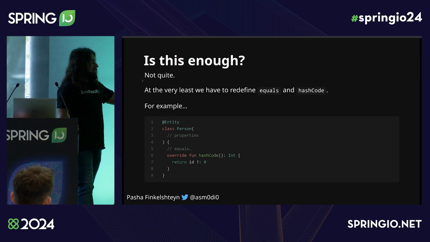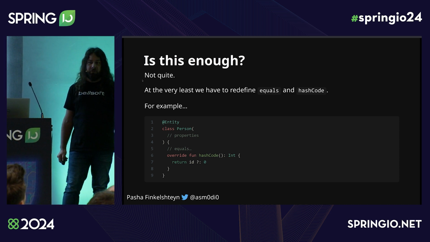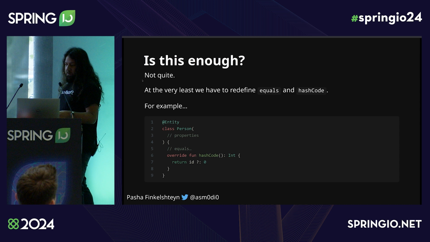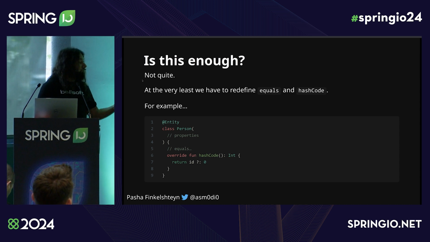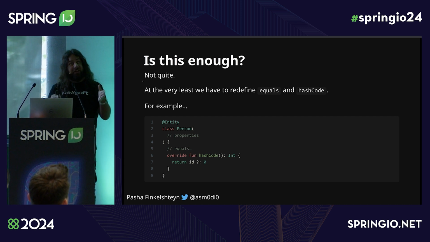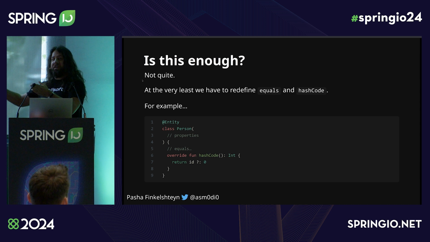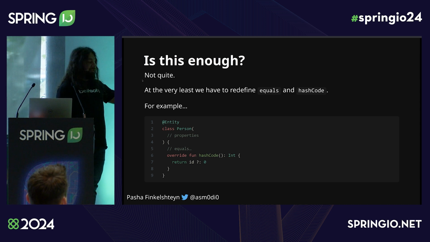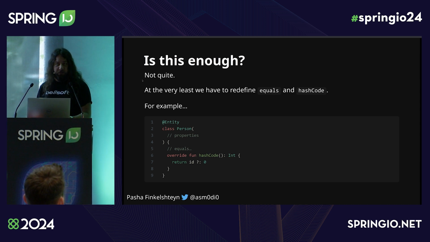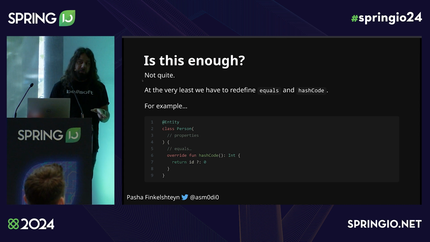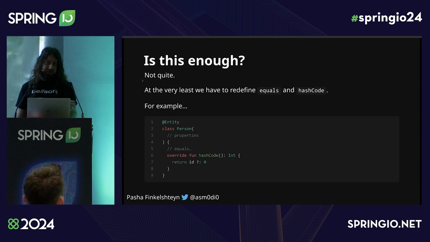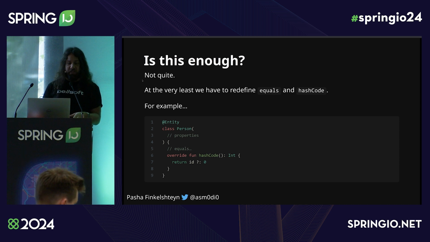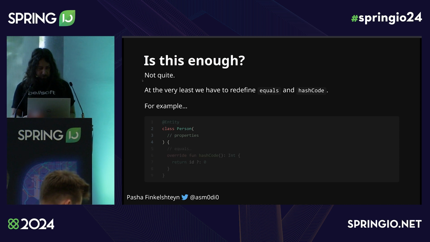So if this entity is not attached to the database, then JPA will think that they all are different because they don't have IDs. Otherwise, it will compare entities by ID. But it's only one approach. There are different approaches. And yeah, it will be a homework. I won't dive deeper into it.